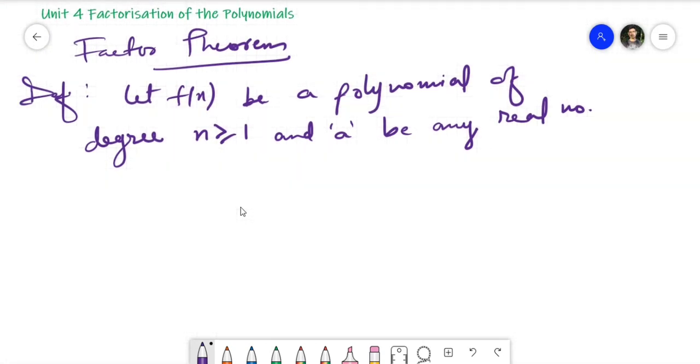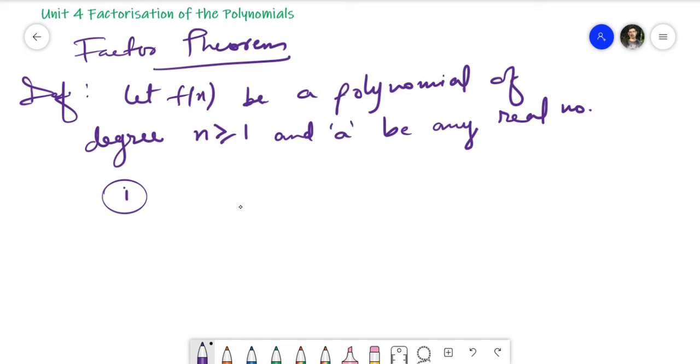I will give you some points to remember. As I said, f of x is a polynomial, which has many terms, and the degree of that polynomial must be greater than or equal to 1, and a is any real number.